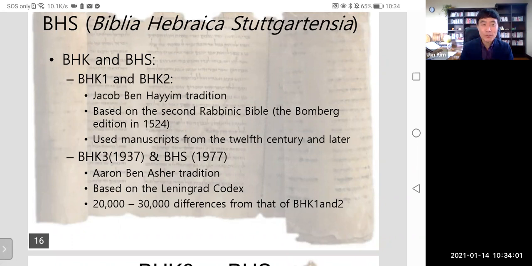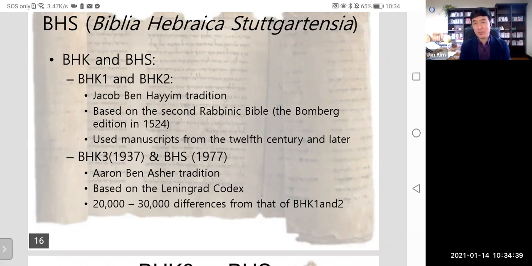My question is, it's only 20,000 or 30,000, but how many words are identical? They have all different traditions, Christian tradition, Jewish, and so on. But isn't that amazing? They had these amazing manuscripts, their own traditions, but there are only 20,000 differences.